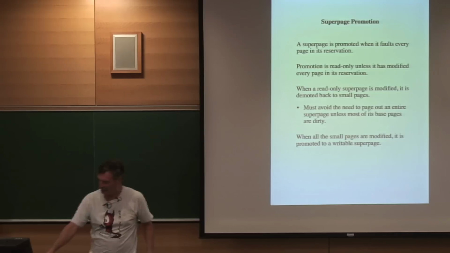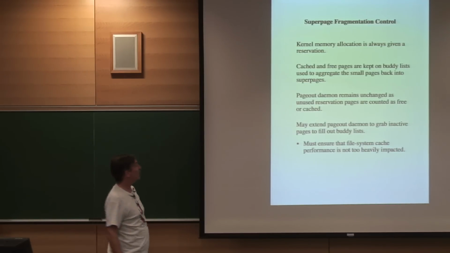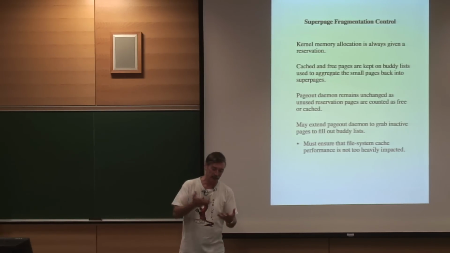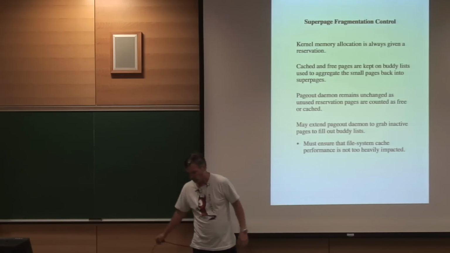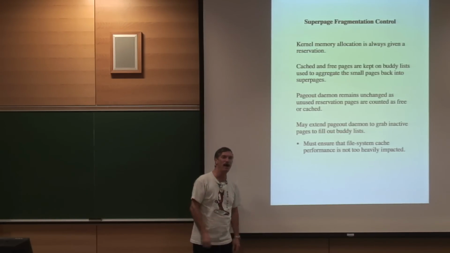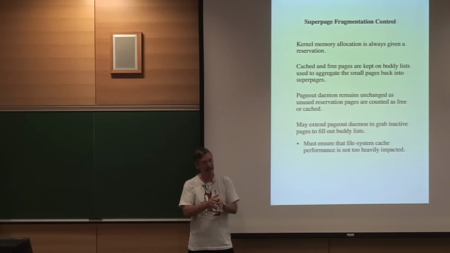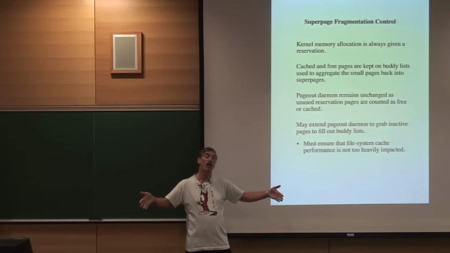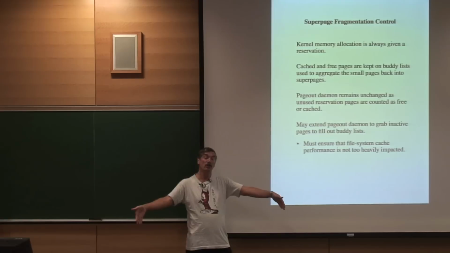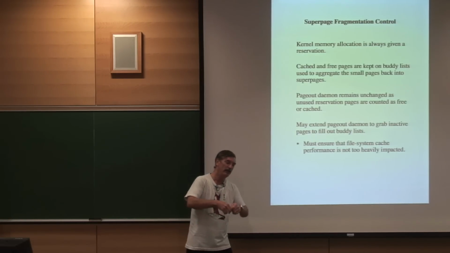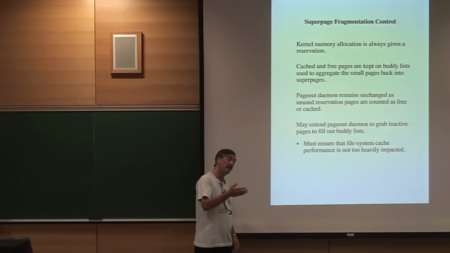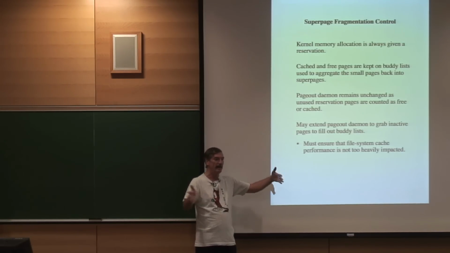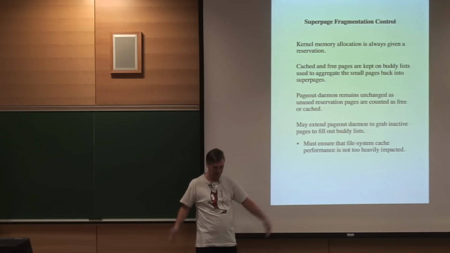All right. So we've figured out how we're going to reserve the superpages. We've figured out how to promote them to be superpages. There's just one last little teeny-weeny problem that we have to deal with, and that is that a superpage, by definition, requires contiguous chunks of memory. And if we're in the mode of handing out 4K here and 4K there and 4K other places, then pretty soon we aren't going to have any contiguous chunks of memory anywhere.